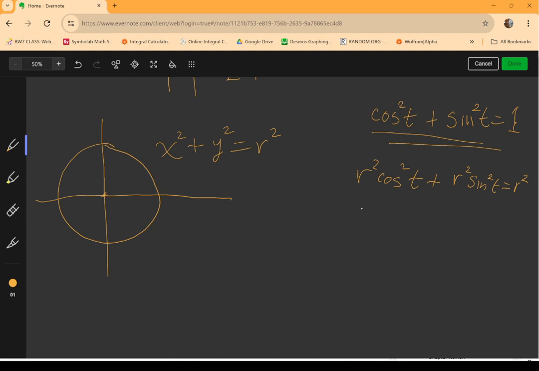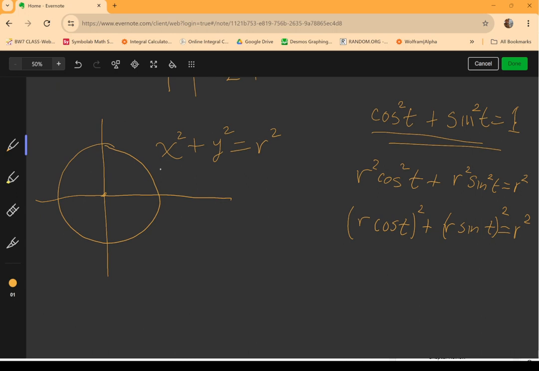And in particular, we can rewrite this as r cosine t squared plus r sine t squared equals r squared.